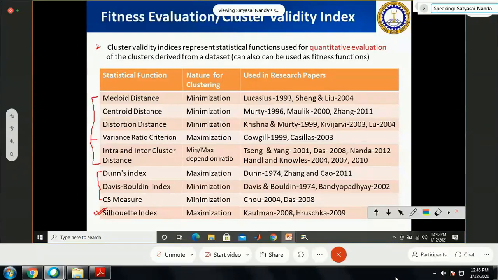But for that you need to first identify how many clusters are present, and then accordingly you will select the particular technique.